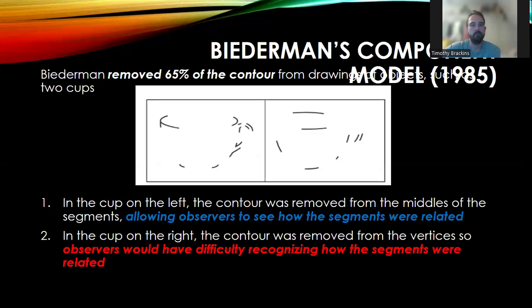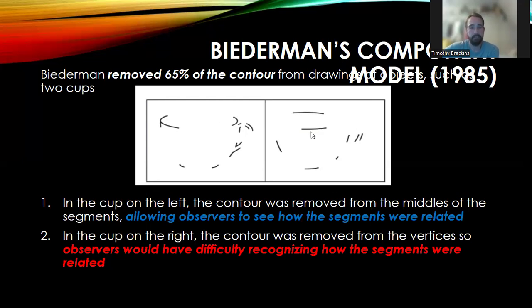So this comes from one of Biederman's experiments, where he took an object, in this case a coffee cup, and removed 65% of the contour from it. Each of these coffee cups has 65% of the contours removed, just different ones. On the left, the contour was removed from the middles of the segments, allowing us to see how the segments were related. On the right, it was removed from the vertices, so you would have difficulty recognizing how the segments were related.